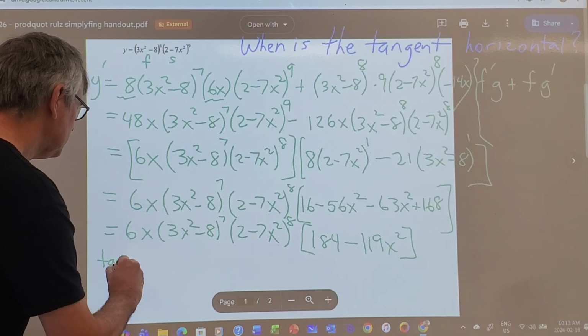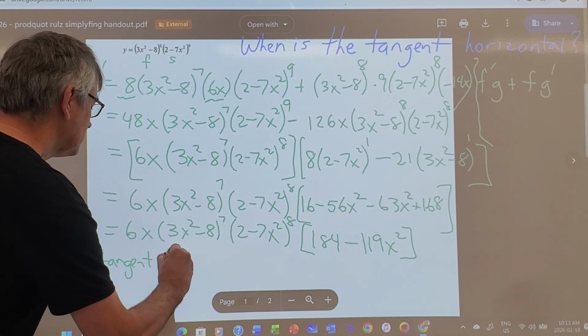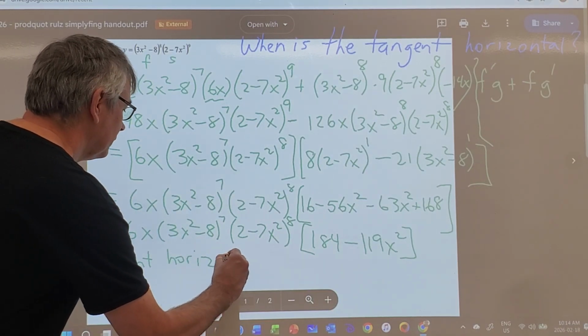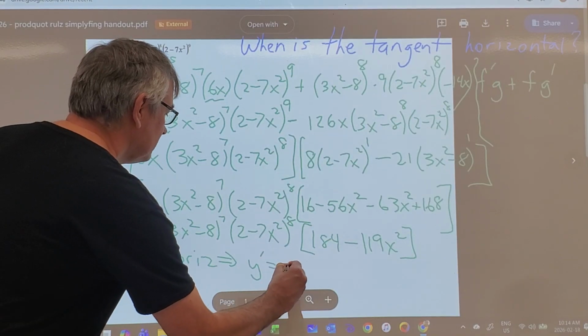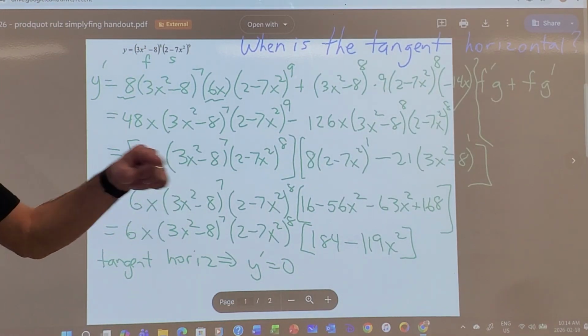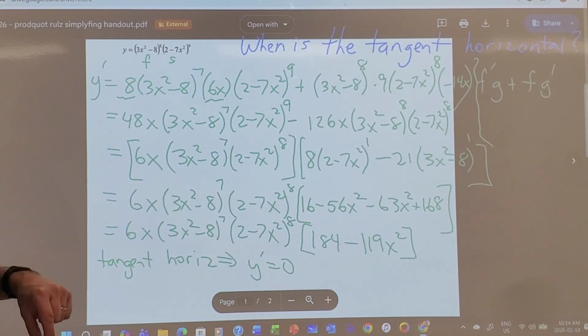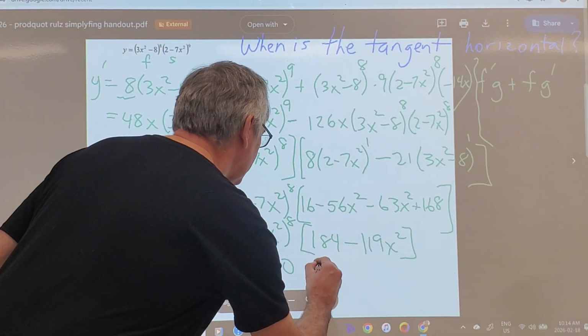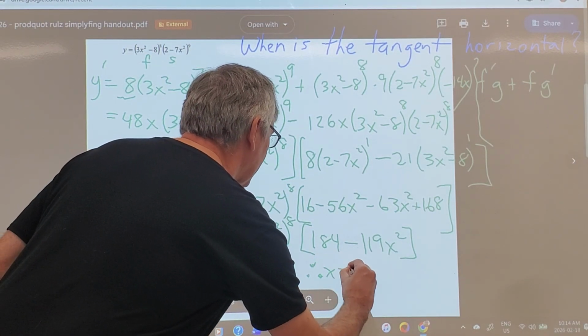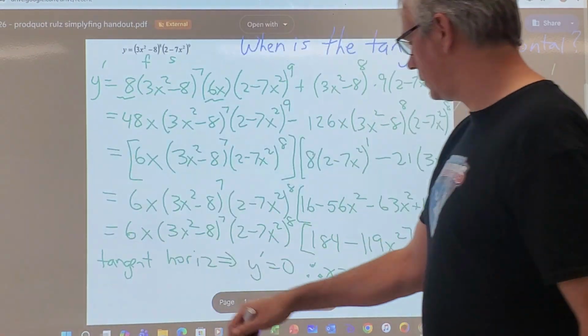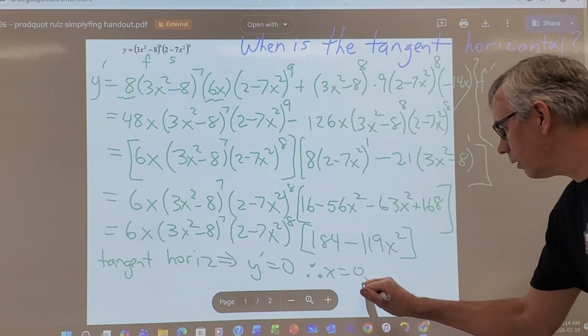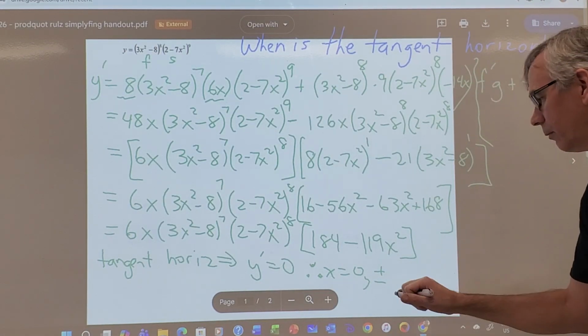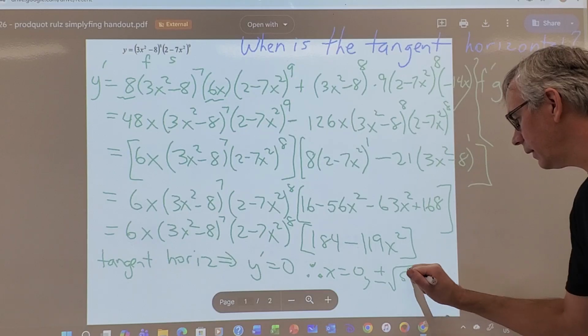Tangent horizontal occurs when y prime equals 0. And now that we have it in factored form, we can actually see the zeros fairly easily. Therefore, x equals 0 from the first term. It could also equal plus or minus 8/3 from that bracket. Don't forget the plus or minus.